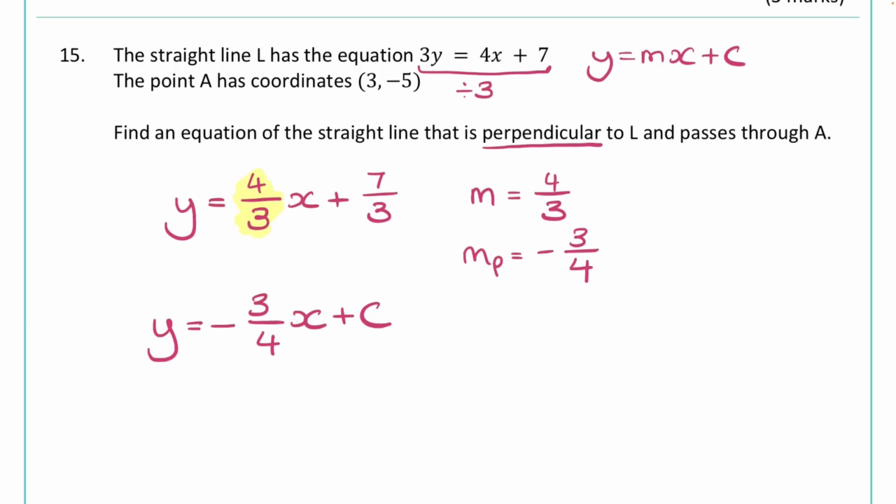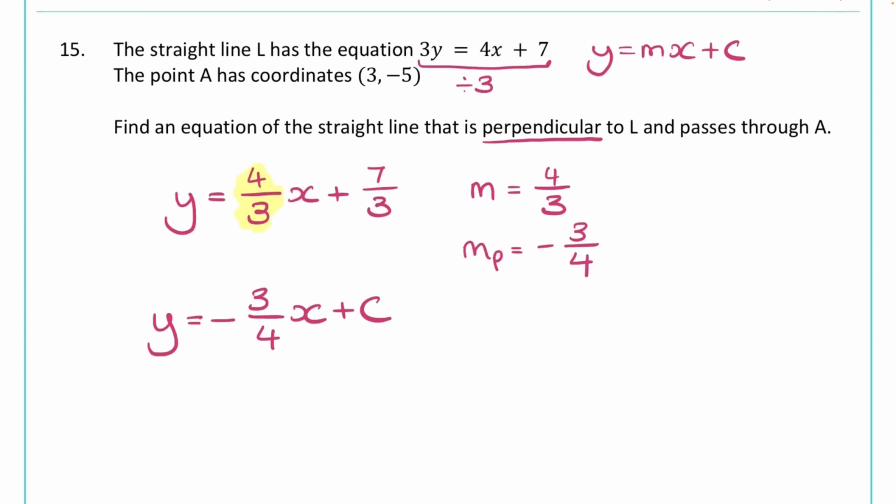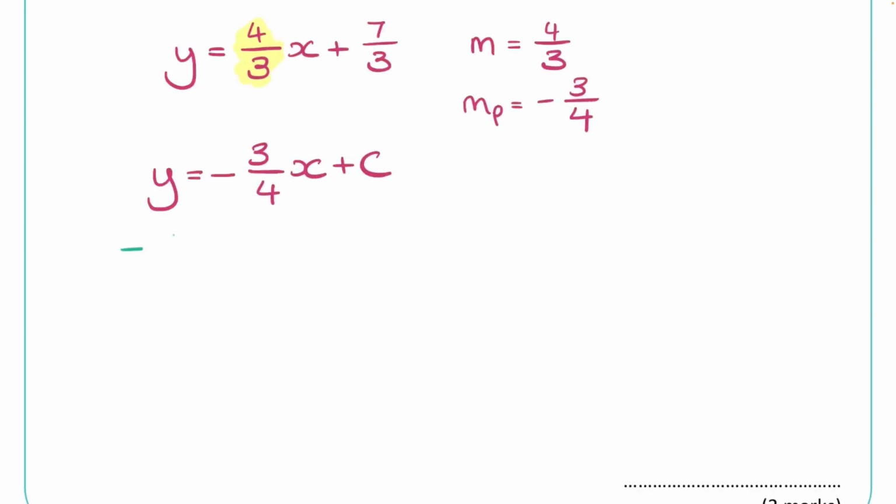To find the equation of the line, we need to know a coordinate that's actually on that line, and we have that coordinate just here, (3, -5). So y is -5, and that's equal to -3/4 multiplied by the x coordinate, which was 3, plus c. We just need to expand this out, find the value of c, and put it back into our equation that we've just written above.